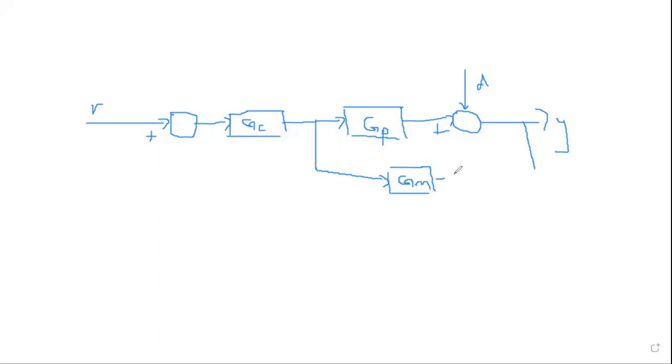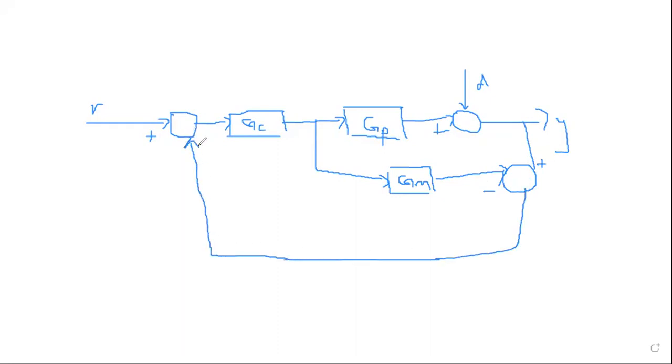I'll try to make it short, otherwise I'll be wasting time on theory that has already been covered. Then we reduce this and give this as a feedback here as the error. This is plus, this is plus. So this is generally the basic block diagram format of an IMC, right?